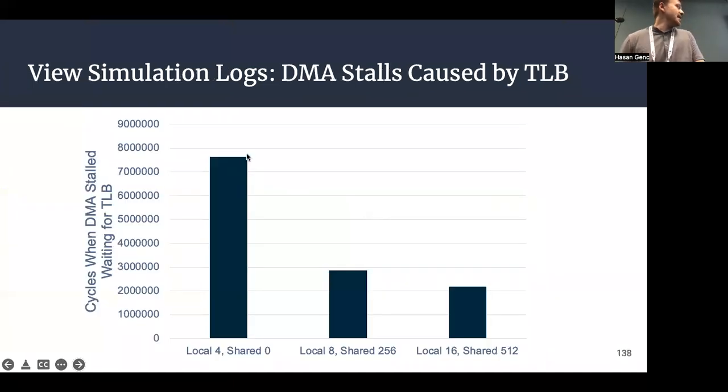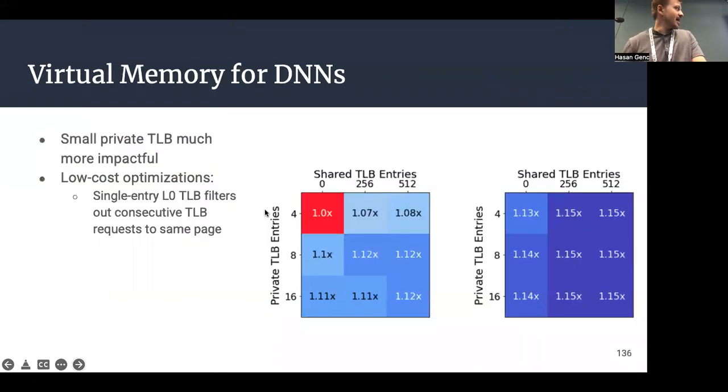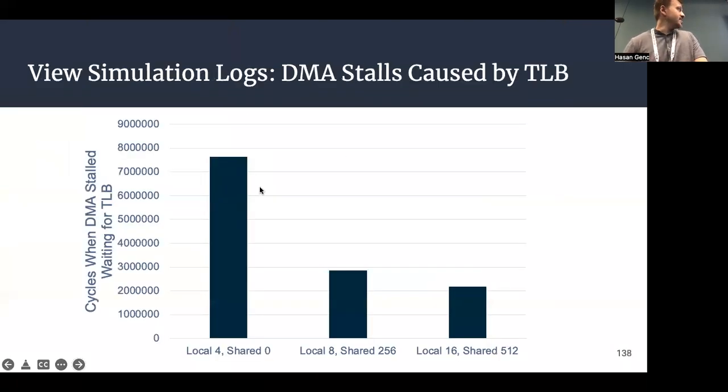What we find is that as we're moving along the diagonal of these figures, the total amount of time spent waiting for the TLB goes down very noticeably, but much less so once you've already gotten 8 elements in your private TLB. Even if the total time spent waiting for the TLB goes down by like 3x or whatever, that doesn't necessarily mean your accelerator is 3x as fast, because there are other bottlenecks as well. But with these kinds of logs and counters, it makes it easier to filter out each bottleneck as it emerges.